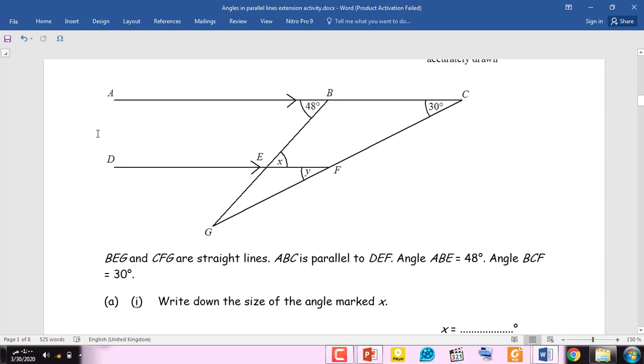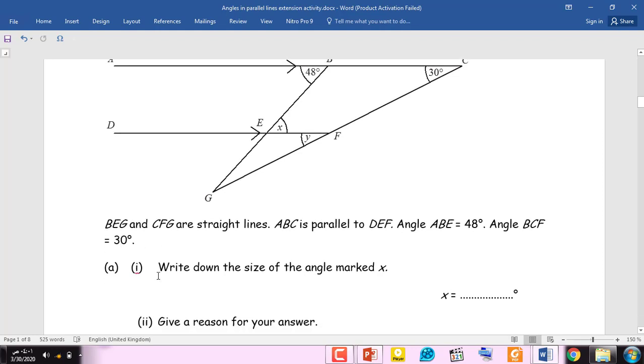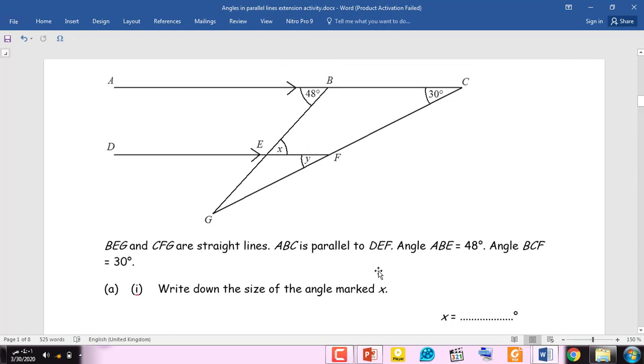ABC line and DEF line are parallel to each other. And here we have angle ABE. ABE is 48 degrees. And angle BCF is equal to 30 degrees. So the first question: write down the size of the angle marked X.